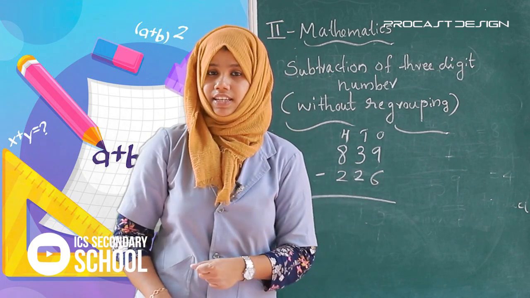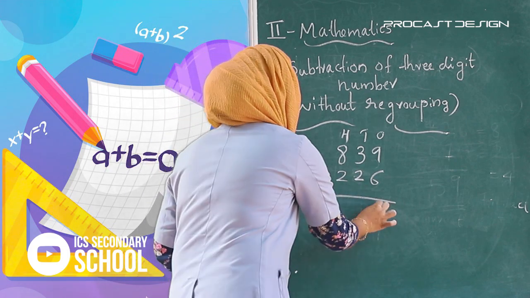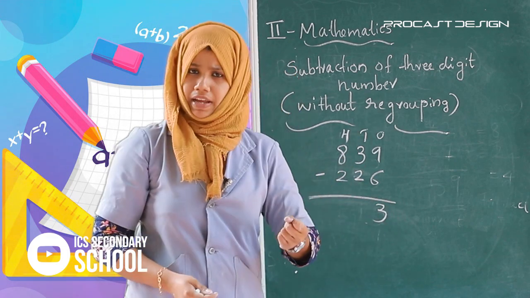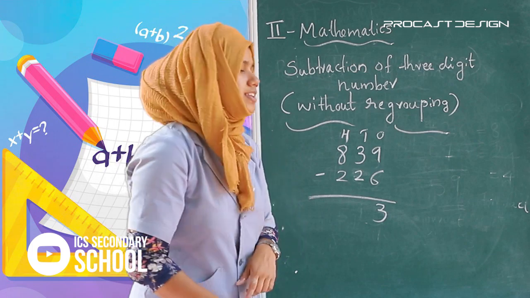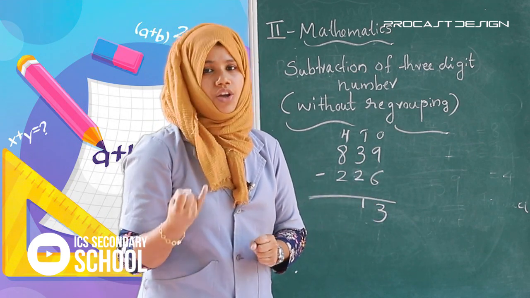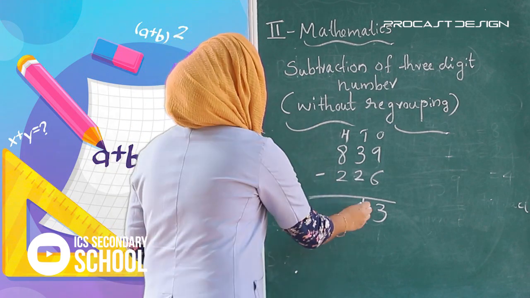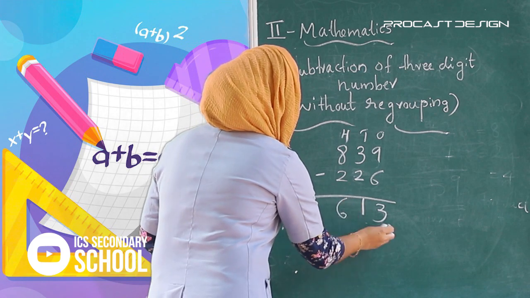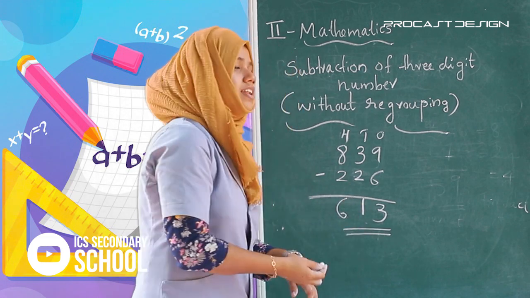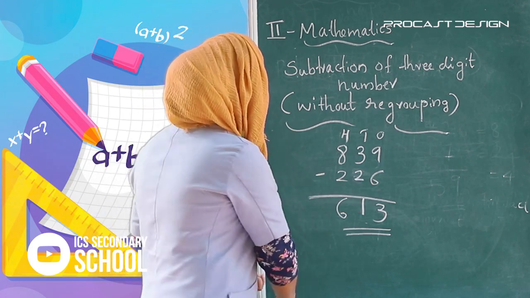So, 9 minus 6, after 6, 7, 8, 9. So, the answer is 3. 3 minus 2, we get, yes, 1. 8 minus 2, 3, 4, 5, 6, 7 and 8, we get 6. So, the answer is 630. Okay, is it clear?